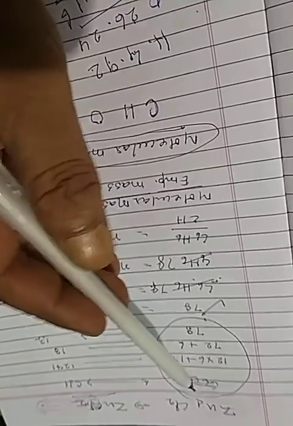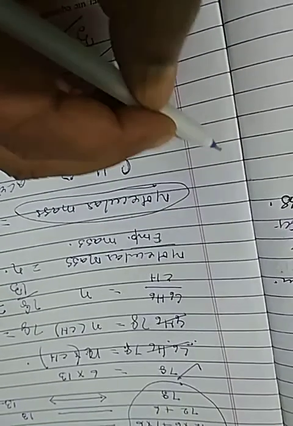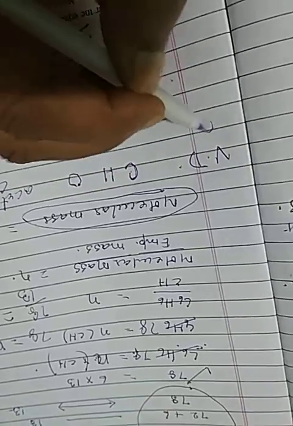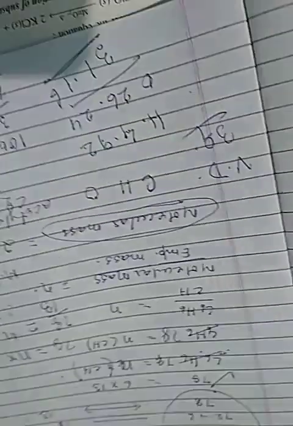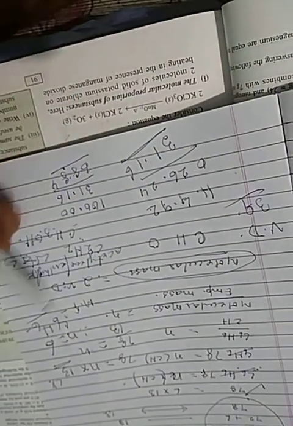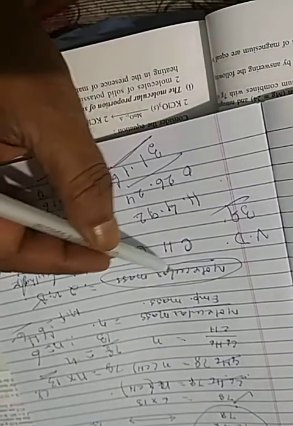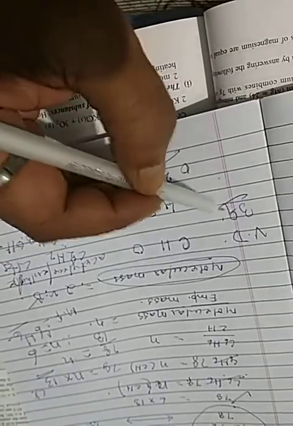Suppose the molecular mass of this benzene is 78. We may be given a vapor density of 39. In the previous class we saw that molecular mass is twice the vapor density. If vapor density is 39, obviously the molecular mass will be 78.